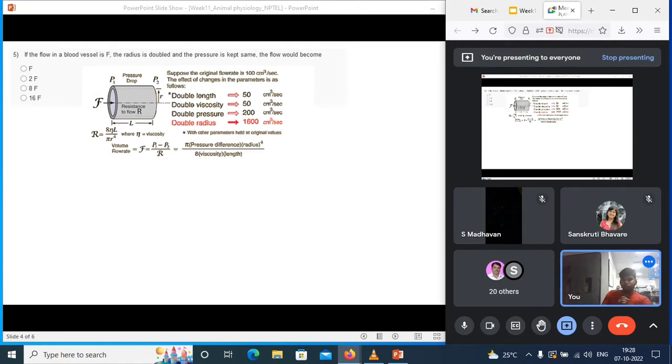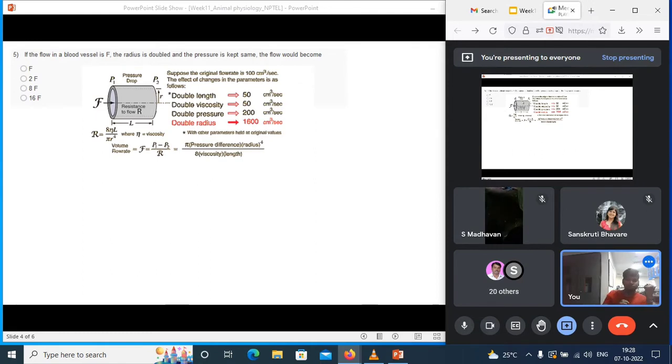If you can see my crosshair, this particular area is your cross section, so the area of this cross section will be pi r square. Now you need to find the volume rate. The volume rate is proportional to the cross section as well as the length, the entire cylindrical volume. So the flow is basically directly proportional to the 4th power of the radius.